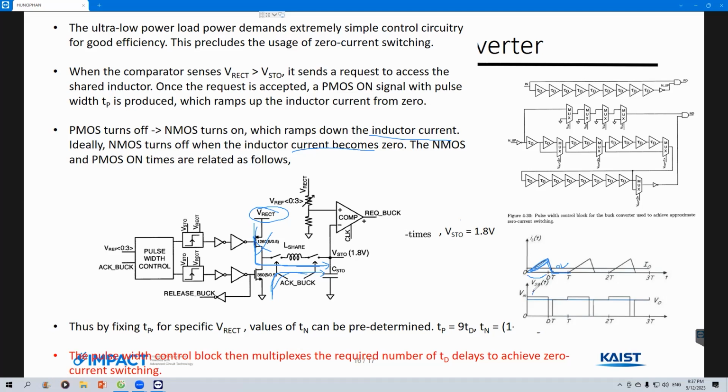Here TP, the PMOS, and here TN. TP we fix. But when this one changes, TN will be changed.